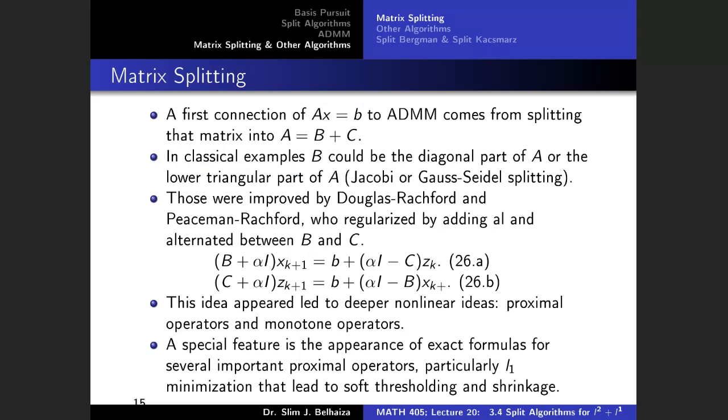A first connection of AX equals B comes from splitting the matrix A. Last kind of examples, we said that B could be the diagonal part of A or the lower triangular part of A. Those ideas were improved by Douglas Rachford and Peaceman Rachford, who regularized by adding what we call alpha I, and alternated between B and C.